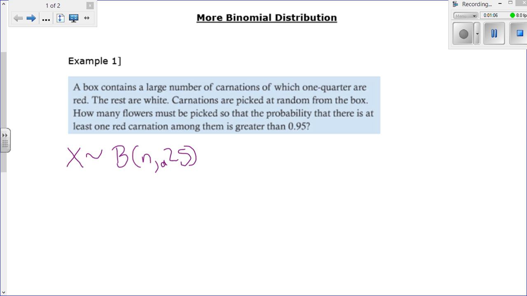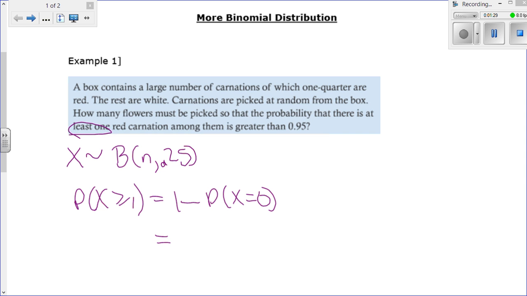And we want the probability of X. It says at least 1. At least means greater than or equal to 1. So it's 1 minus the probability of X equaling 0.